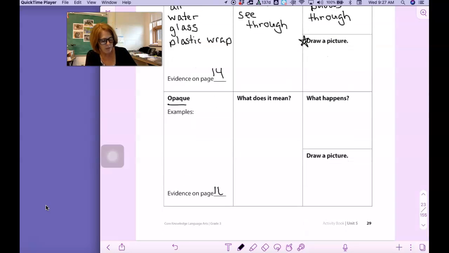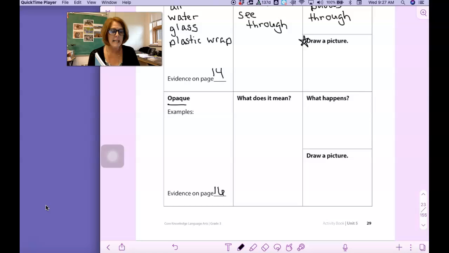Now let's turn in your reader to page 16, and we're going to listen as I read for examples of things that are opaque and what opaque means. Follow along on page 16, first paragraph. Light cannot travel through all materials.